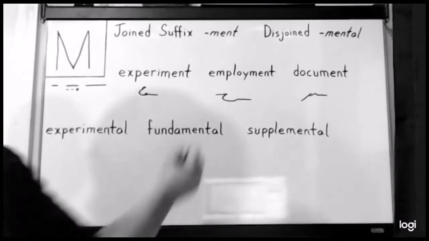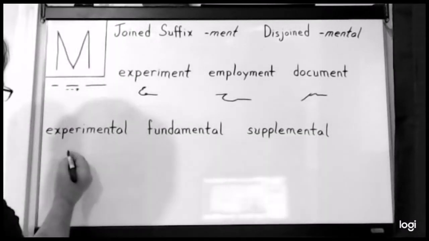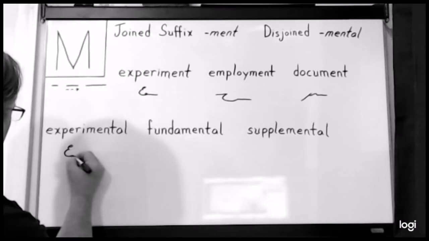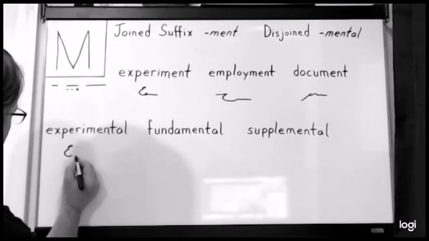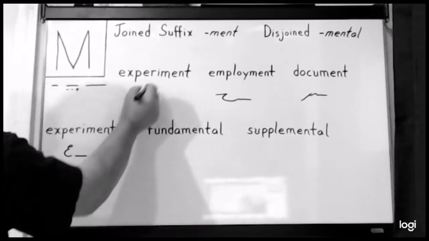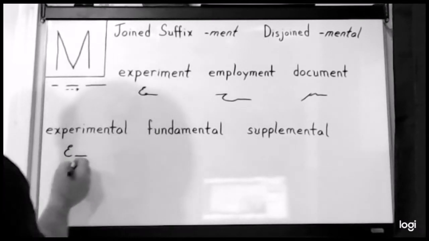Now for the disjoined suffix mental, we'll start with experimental, and this is just E-S-P-R, and then the disjoined M. For experimental, this I in experiment or experimental is understood here.